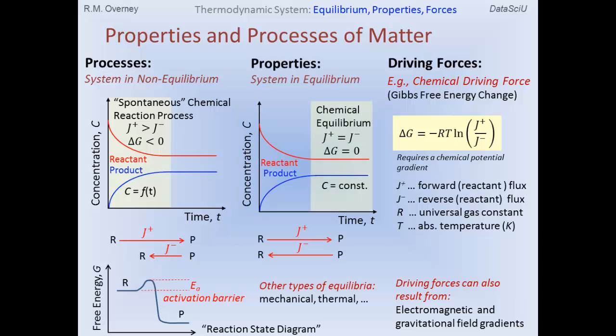Over time, a process in a closed system runs out of reactants, or reaches a state at which the reverse flux matches the forward flux. At this point, the observables, that is, the concentration of both reactants and products, are invariant of time. An equilibrium state is reached. At equilibrium, the Gibbs free energy is 0.